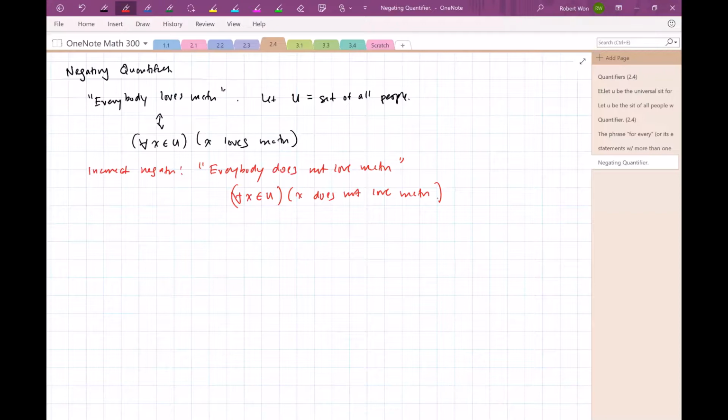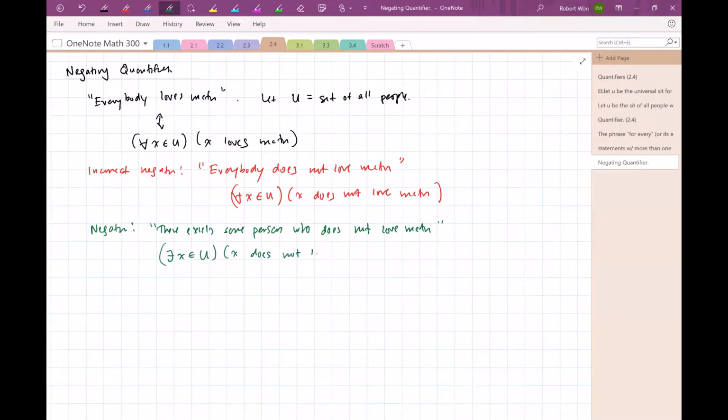The true negation is there exists some person who does not love math. That's how you would negate the first statement. So you would say there exists an x in U such that x does not love math.